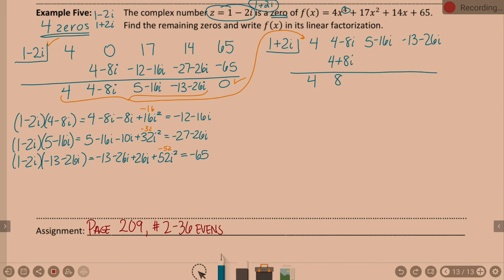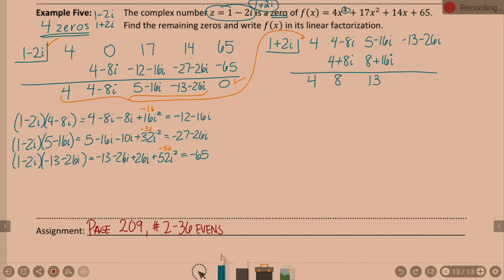So now we're just multiplying by a constant again, aren't we? So now, 8 times 1 plus 2i is 8 plus 16i when you distribute there, right? Add. 5 and 8 is 13, minus 16i plus 16i are going to cancel.